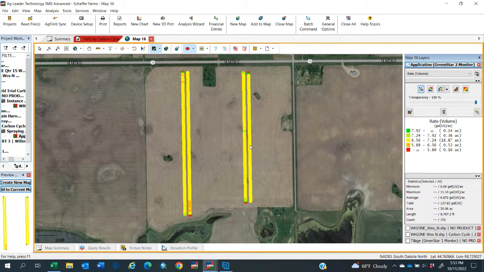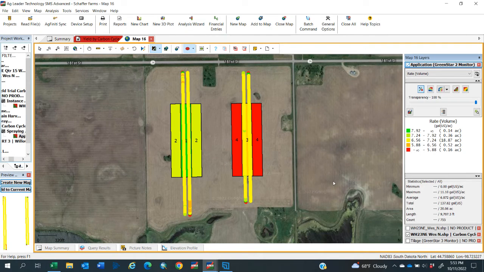So what I did was I came up with this idea that I needed to block off and analyze where the carbon cycle was and avoid any anomalies in the field, such as headlands, which are turnarounds, wet spots.